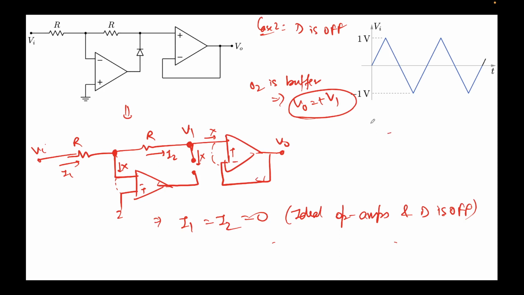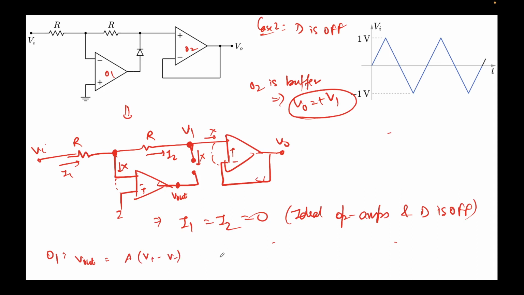So what we'll try to do is we'll try to impose a condition on this. Remember, this is the V out for this operational amplifier. This is O1, this is O2. For O1, V out will be nothing but A times V plus minus V minus, right?